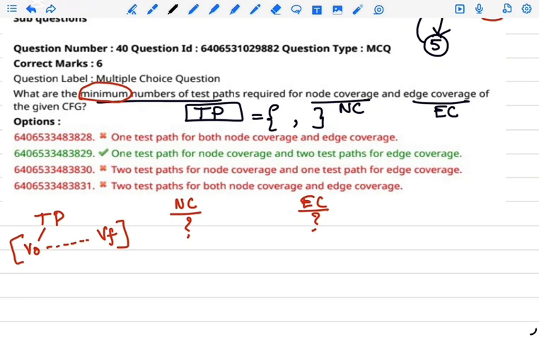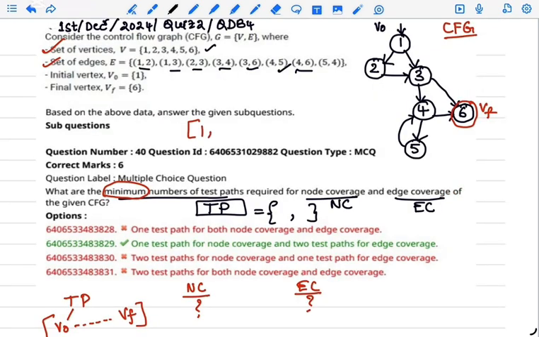That is the condition. 1, 2, 3. So 1 to 2, 2 to 3. We cover three nodes 1, 2, 3, and we want to cover 4. Okay, 4 then 5, and again 4 and 4 to 6, right? So this is one test path.